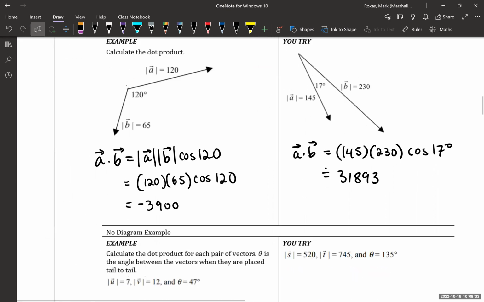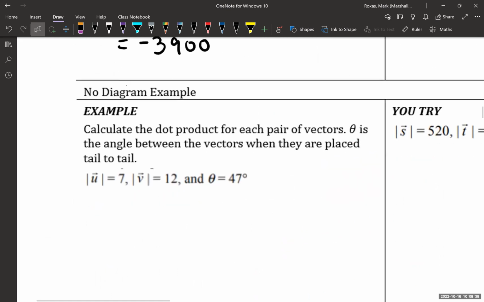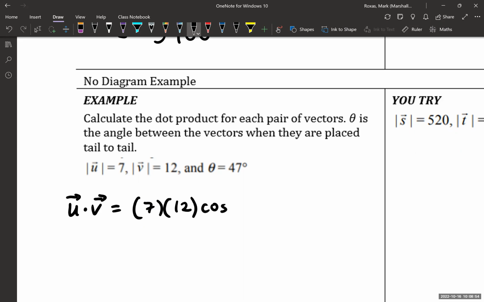Now, if you're not given a diagram, you could be given a question where it's just, here are the values, calculate the dot product for each pair of vectors. You have the vectors u and v, not a and b this time, and the angle is 47 degrees. Same idea: you take the two vectors, you're finding the dot product, so you take their magnitudes, 7 and 12, you multiply them, and you multiply that with the cosine of the angle between those two vectors.